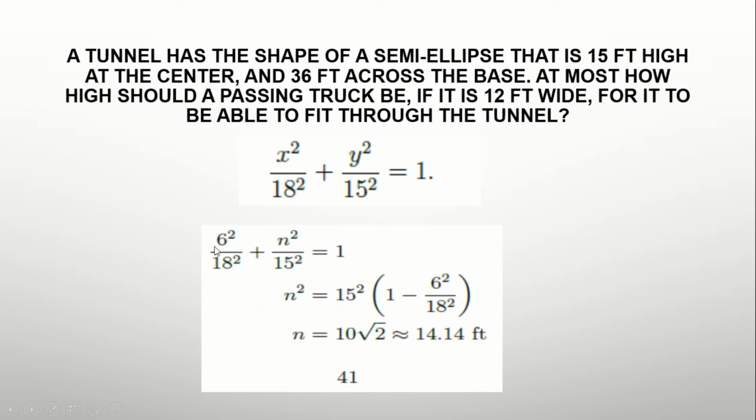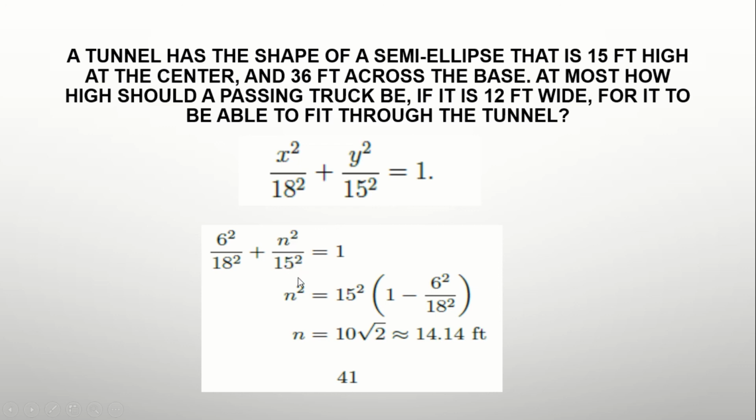So 6 squared over 18 squared plus n, which stands for the y, or the height of the truck, over 15 squared equals 1. What we want here is n squared.